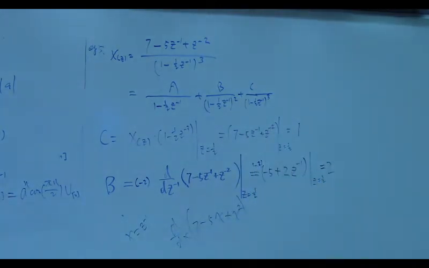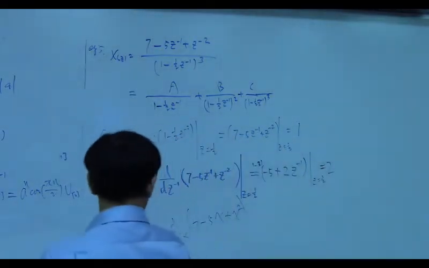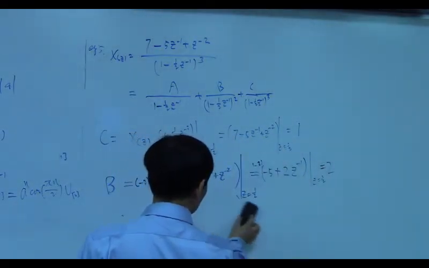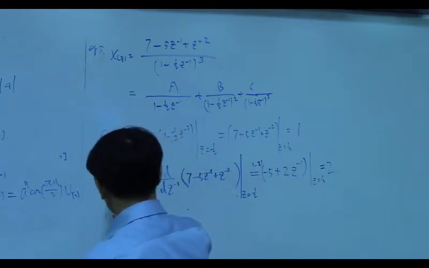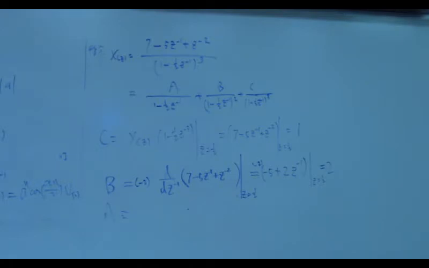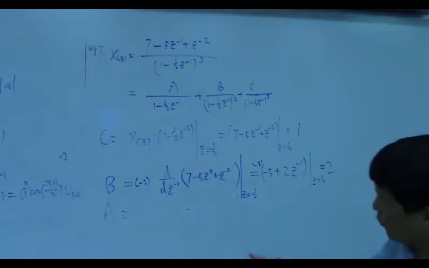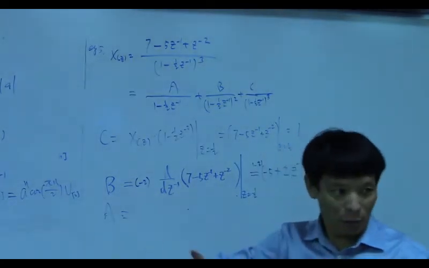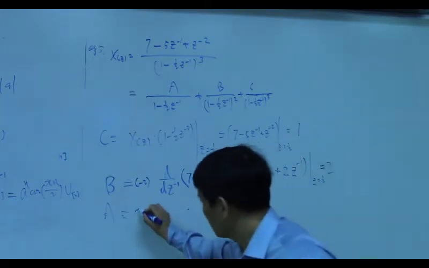All right, now the next one is to find A. A will be equal to, we have a coefficient also, and if you plug in the root and that number, this coefficient equals 2.